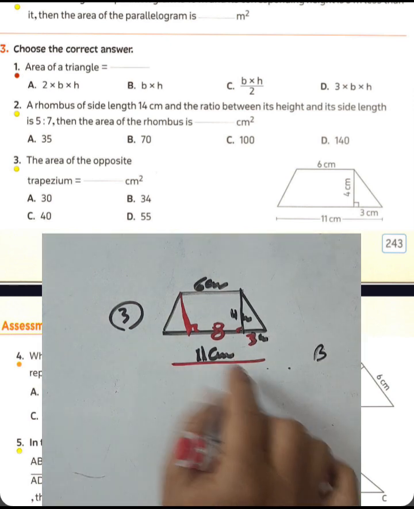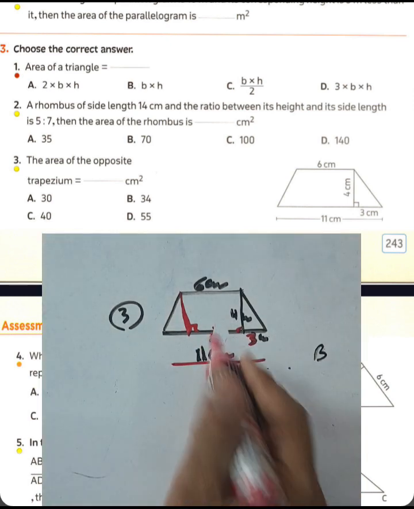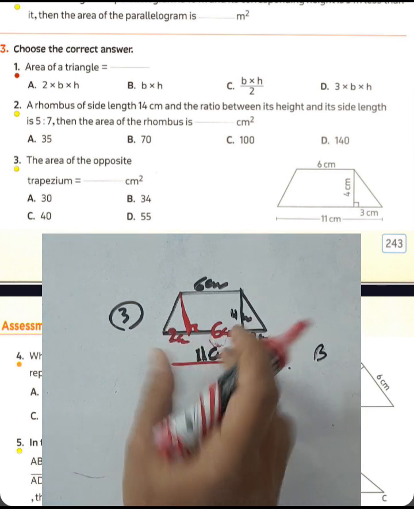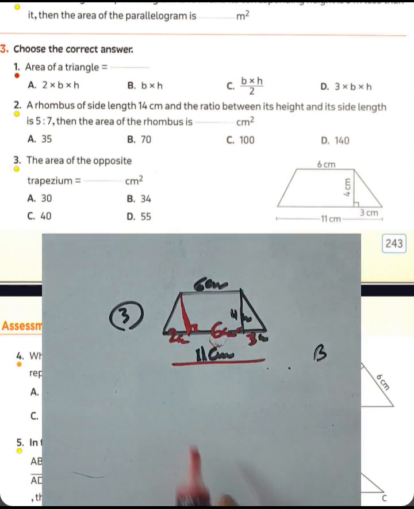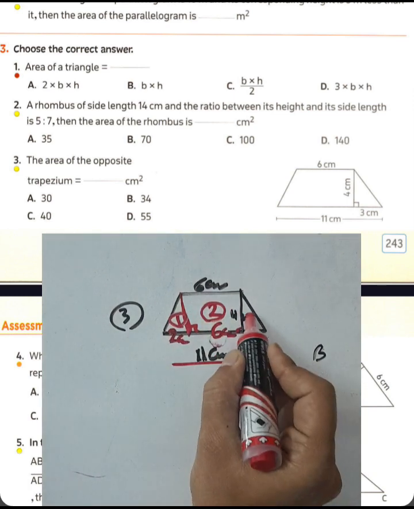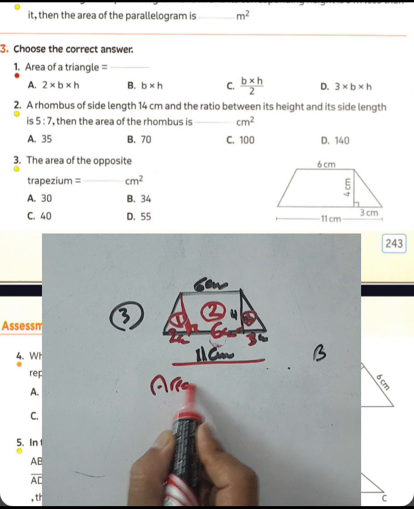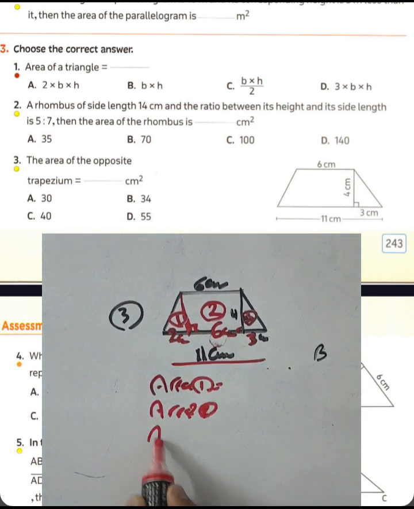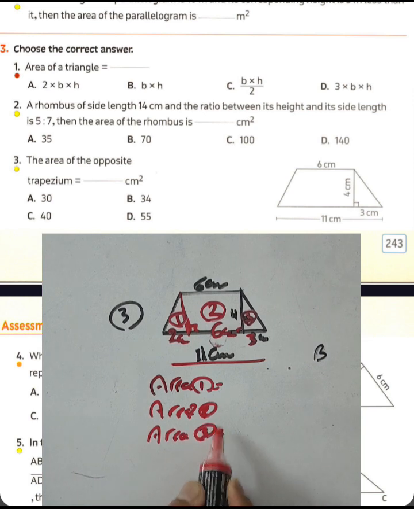This part 8 will be 6, exactly this result. And 6 plus 2 equals 8, 8 plus 3 equals 11. And it will be area 1, area 2 and area 3. I will find area 1, area 2 and area 3 and then add them.